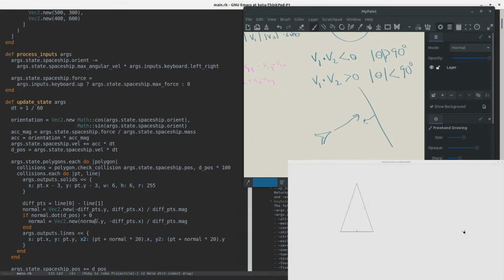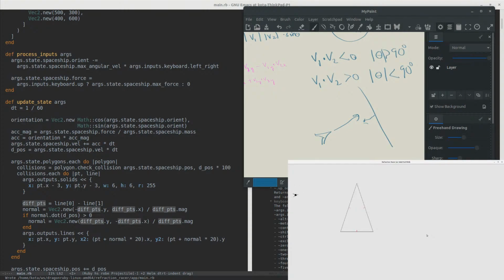Oh, normal.y, that would do it. Diff points.y. Okay, so now, presumably, if we come from this side, our normals all point in the direction that our spaceship is coming from. Does that make sense? So we always know, okay, we're coming from the outside right now we're in the inside.